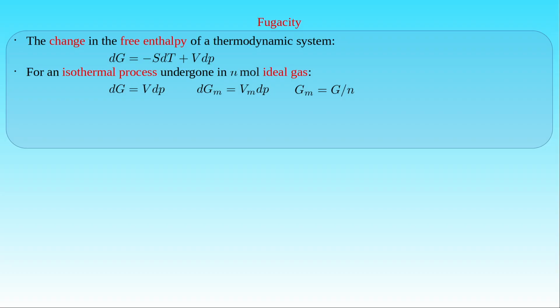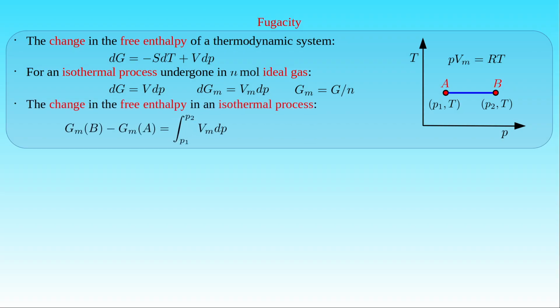We consider the isothermal change of state of an ideal gas between the state A at the pressure P1 and the state B at the pressure P2, where the ideal gas law states that the pressure P of the gas times its molar volume Vm is equal to the gas constant R times the temperature T of the gas. Then the change in the molar free enthalpy Gm of the gas in this process is given by the integral of the molar volume Vm of the gas with respect to the pressure P from the initial pressure P1 to the final pressure P2.